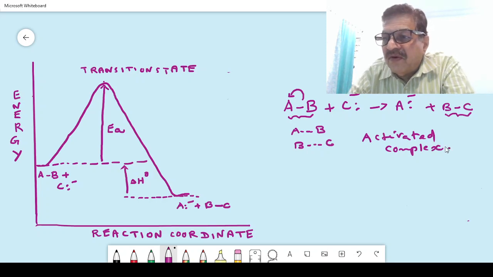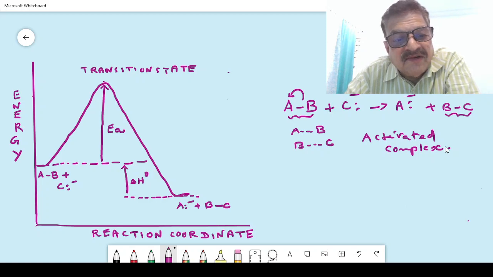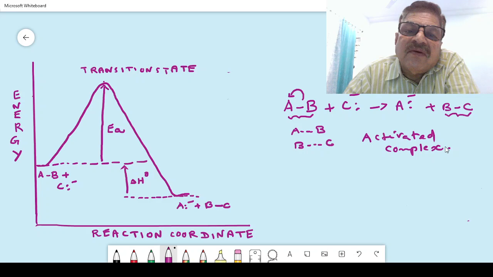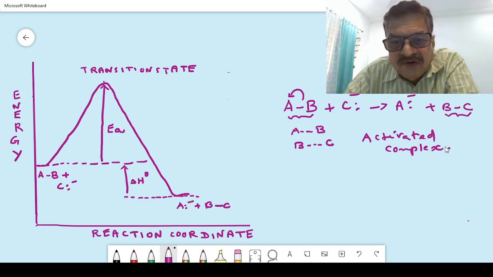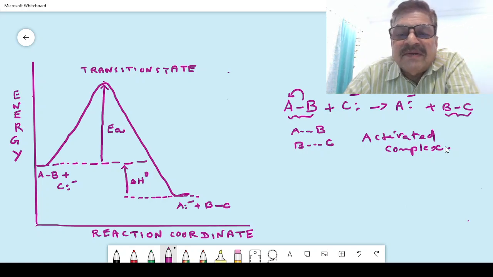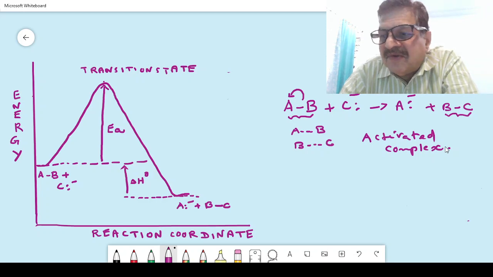Another word used for the transition state is activated complex. It is merely a highly unstable state that is passed through in a dynamic process. It is not a discrete molecular species, or an intermediate that can be detected or isolated. Nothing can be done here. It's a most unstable state.